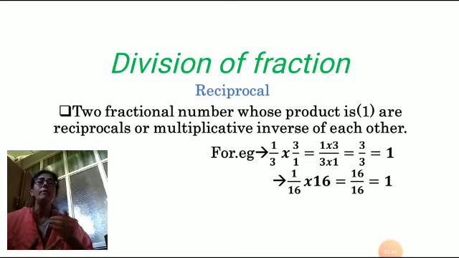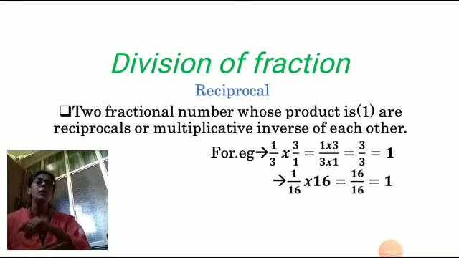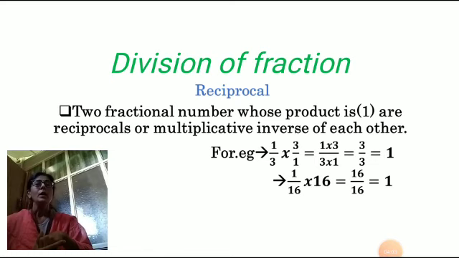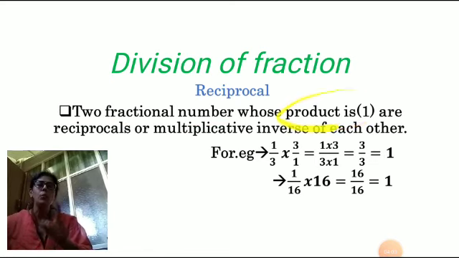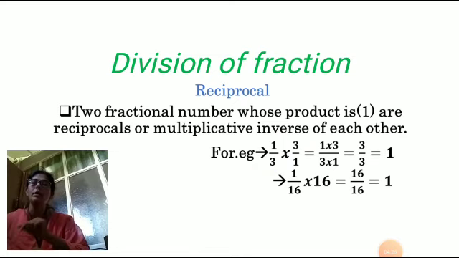Now we will understand the division of a fraction. For understanding the division of a fraction, first we have to understand the reciprocal property. In the reciprocal, the fractional numbers whose product is 1 are the reciprocal or the multiplicative inverse of each other. Understand children? Say for example 1 upon 3. 3 upon 1 is the multiplicative inverse or reciprocal of 1 upon 3.